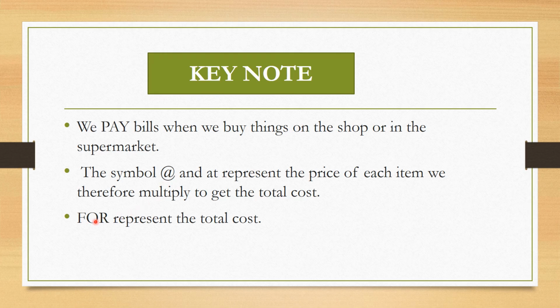But when we see for, if I say 4 rubbers for 100 Kenyan shillings, it means that for all those 4 rubbers, I paid 100 shillings. So for represents the total cost, while each and at represent the price of each item. So how will these two be very useful while you're calculating bills? Let's go on and we'll see.